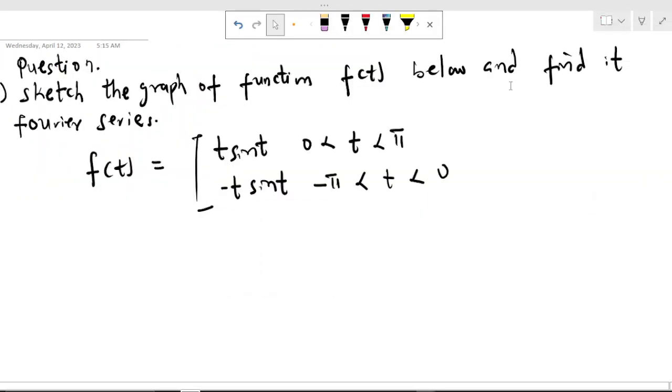So I'm going to clean the question off and just write it somewhere. So let's clean this off.